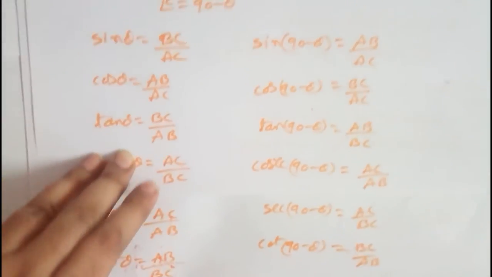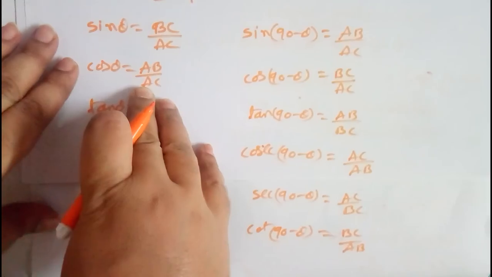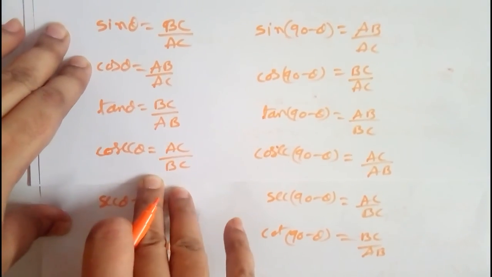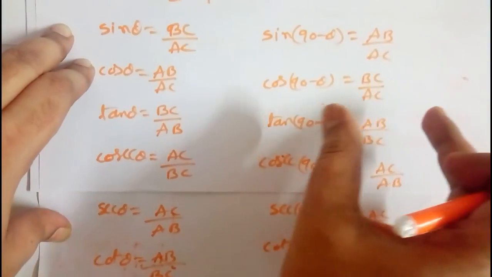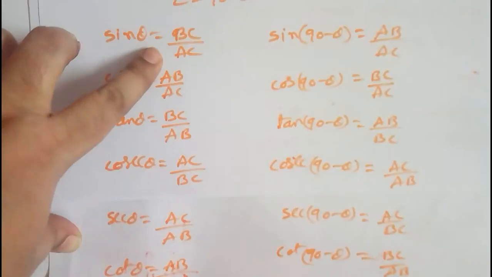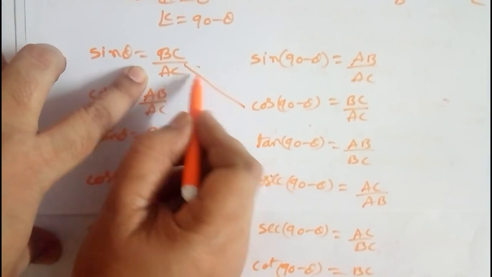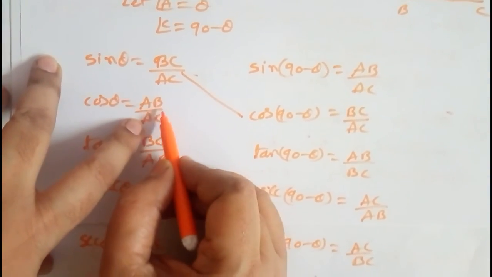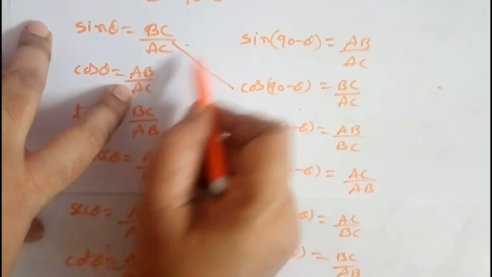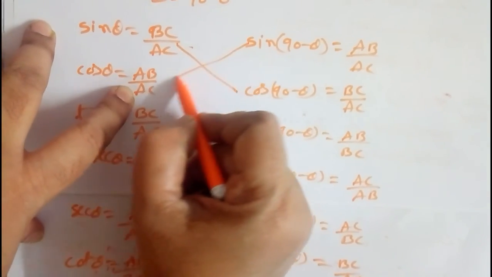If you observe the trigonometry ratios of theta and the trigonometry ratios of 90 minus theta, we see BC by AC for sin theta. Where is BC by AC here? It is cos of 90 minus theta. Cos theta is AB by AC, which is equal to sin of 90 minus theta.